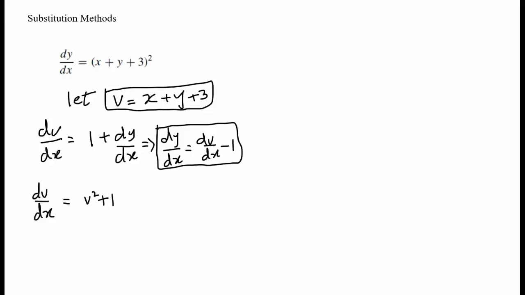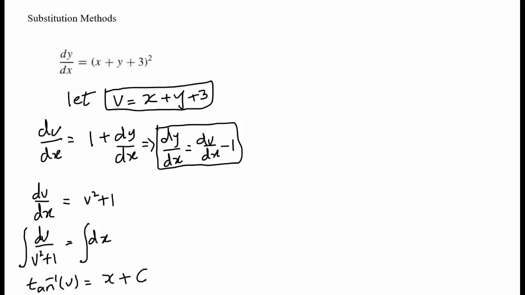Now if you look at the equation, what's magically happened is that this equation is now separable. Because it's separable, I can integrate both sides. This is easily integrated to tan inverse of v equals x plus a constant.